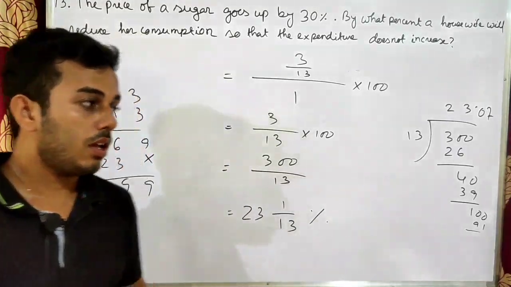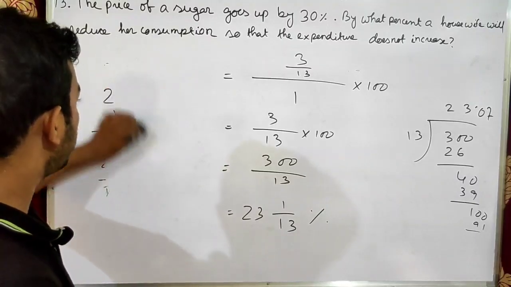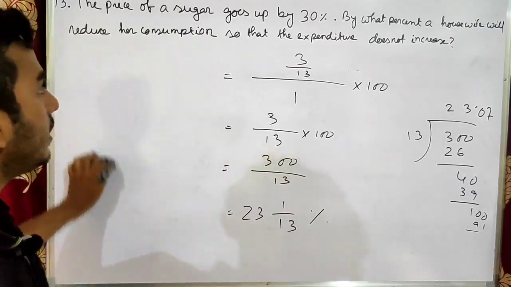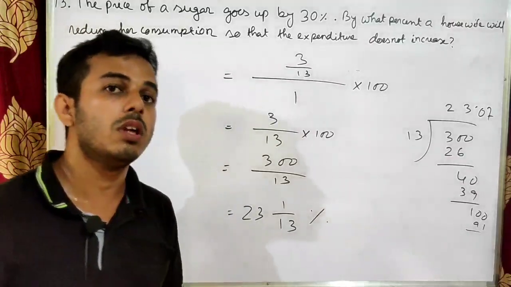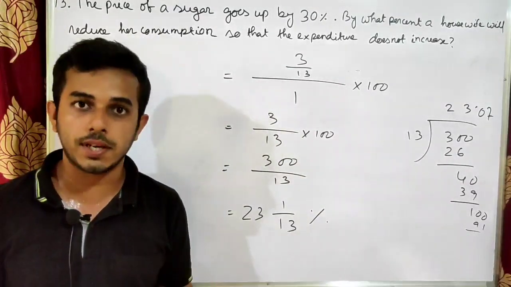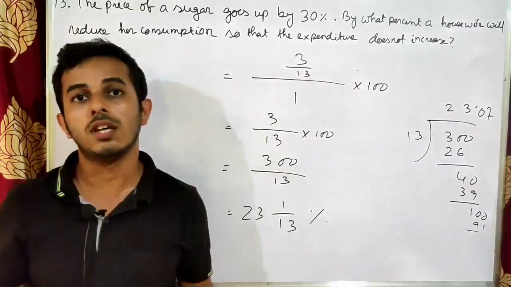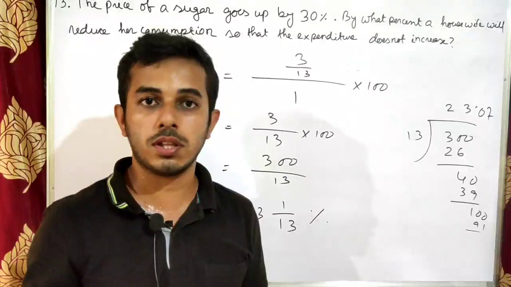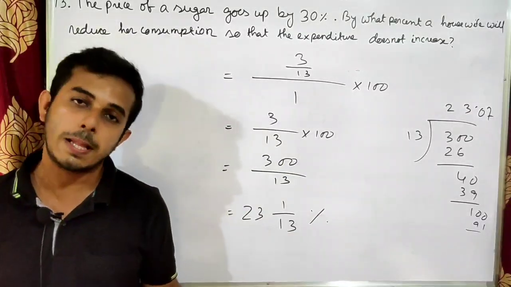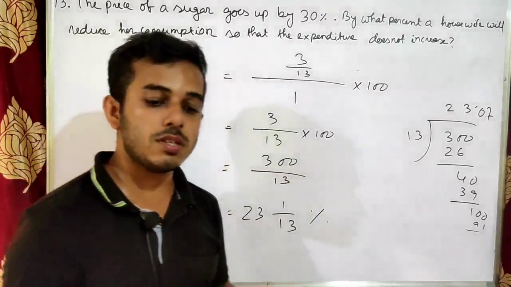How did we find the percentage? First of all, let the price of the sugar be x, then the increase is 30%, so it is 30% of x, that means the present price is rupees 130. So in rupees 130 she got 1 kg, so in rupees 1 she will get 1 by 130 kg. In rupees 100 she will get 1 by 130 into 100, so this is the present amount.